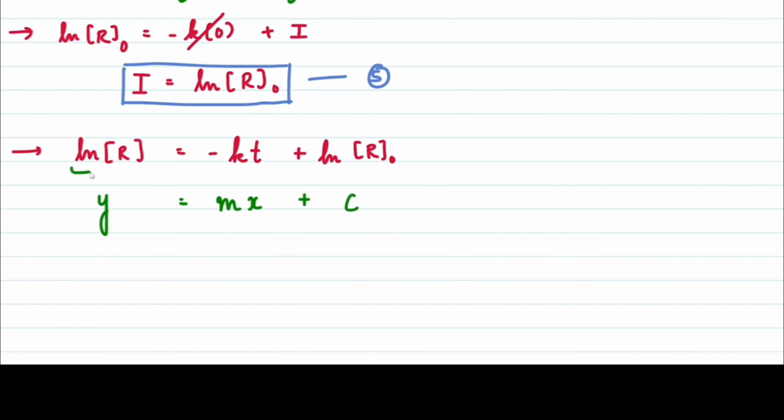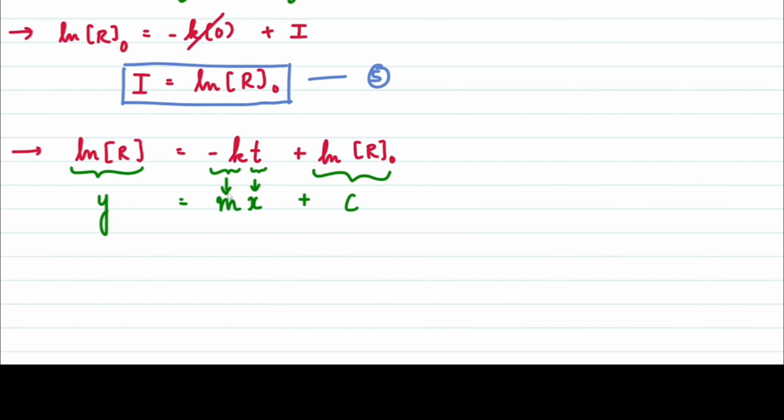The y will be this, the constant c will be this, the x here is similar to this t, and the m here is similar to this minus k. Just keep this in mind.